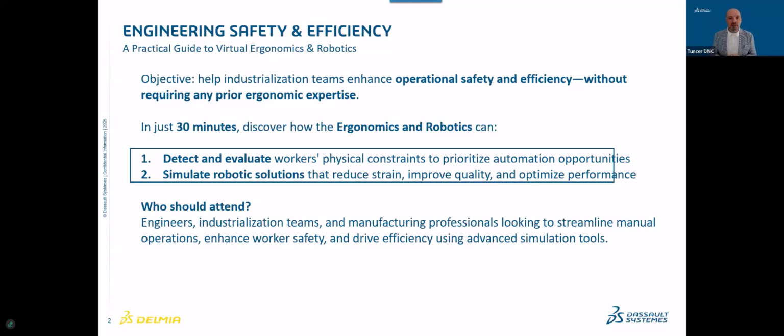We are able to analyze different topics in the same environment. The second topic then will be how automation will improve product efficiency and also reduce the strains. That also means quality, and you also see the performance, as I said.